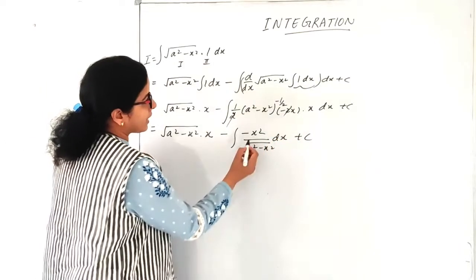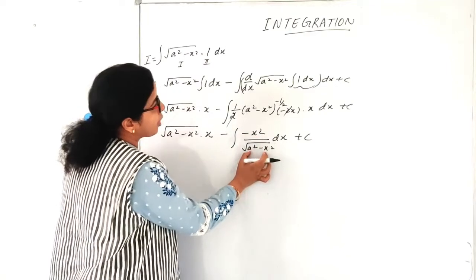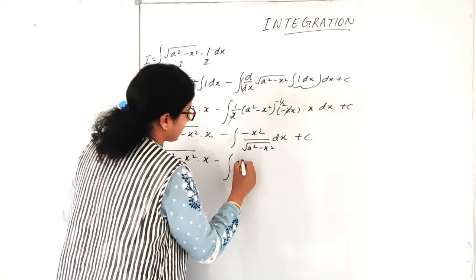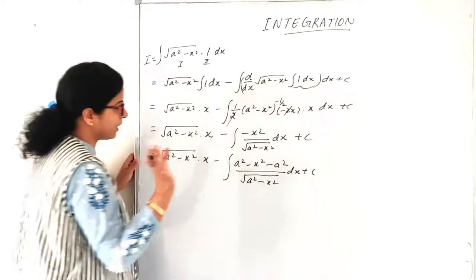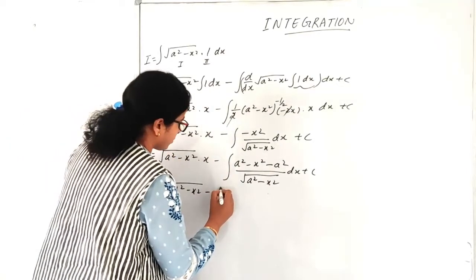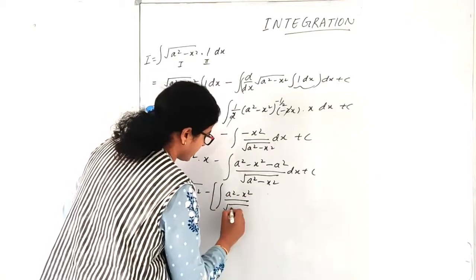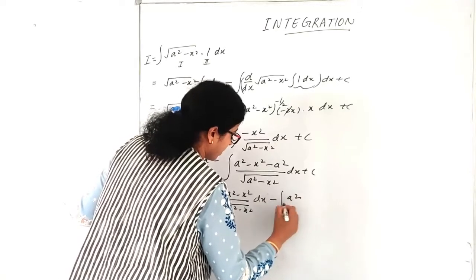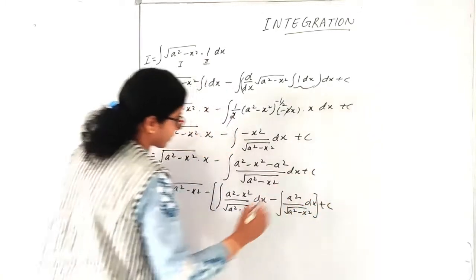Now I want my numerator to be converted into the denominator, right? So what I will do, plus a square minus a square. I can write here a square minus x square minus a square, and I will separate the integrands now. So I am left with a square minus x square upon root a square minus x square dx minus a square upon root a square minus x square dx plus c, correct?